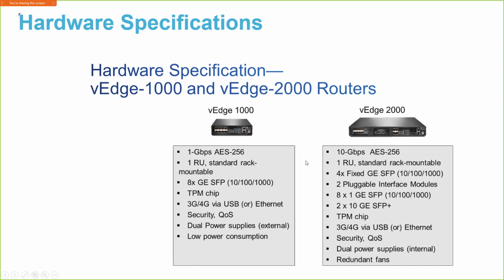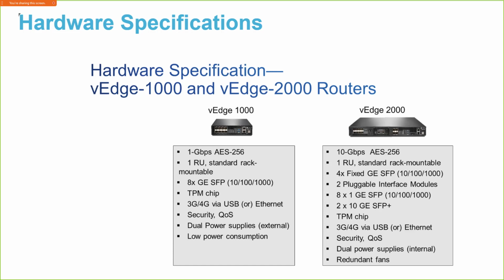As far as the 1000 goes, that's going to have 8 ports of GigE using SFPs. You're going to have the TPM chip, the 3G, 4G, security, QoS, etc. The 2000 has 2 pluggable interface modules, actually. So we see it's obviously a lot of port density here. 10 gig support as well, 3G, 4G.